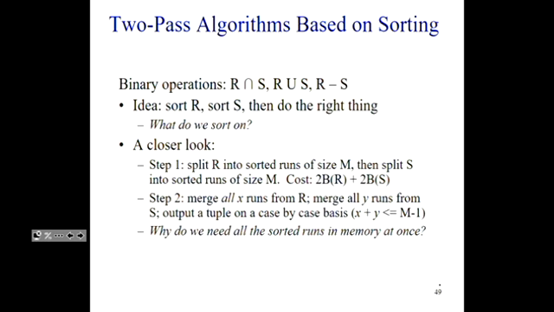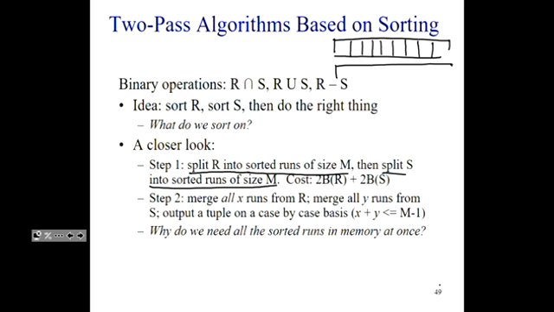The first step is to split R into sorted runs of size M, and then split S into sorted runs of size M. So let's say these are the blocks of R, and these are the blocks of S. I'm going to grab collections of M blocks from R, sort it, write it out to disk, grab the next collection of M blocks, sort it, write it out to disk, and so on. I'm going to do the same thing with S.